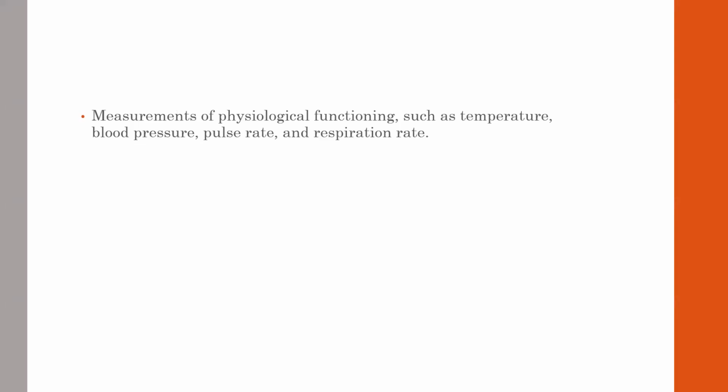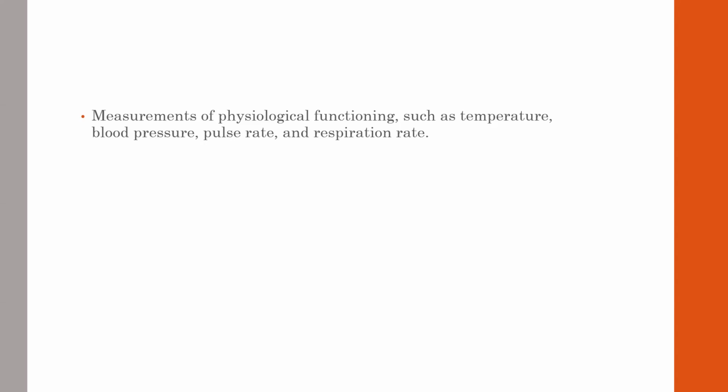Measurements of physiological functioning, such as temperature: our core body temperature should be between 97.6 and 99.6. Blood pressure is measured in systolic and diastolic pressures, and a normal blood pressure for adults should be 130/85.